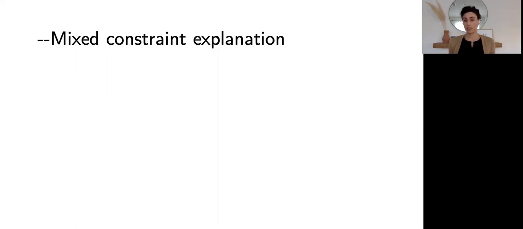For some explanations, there are multiple constraints that are operative, and sometimes we actually need constraints of different types altogether to explain a particular outcome. In fact, some of the most well-known examples of constraint-based design explanation are going to fall into this category.